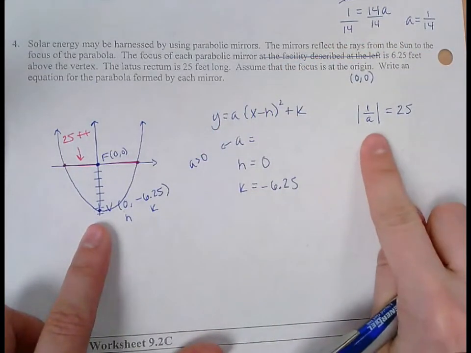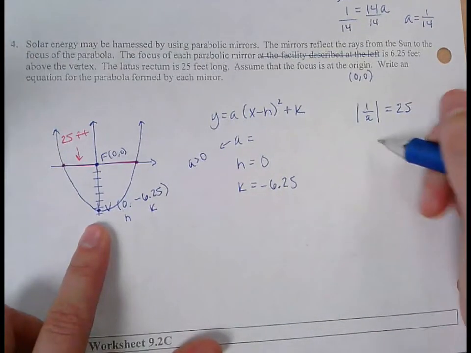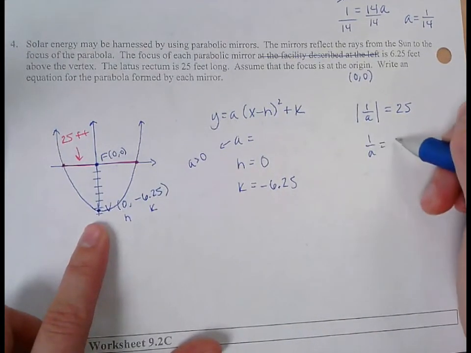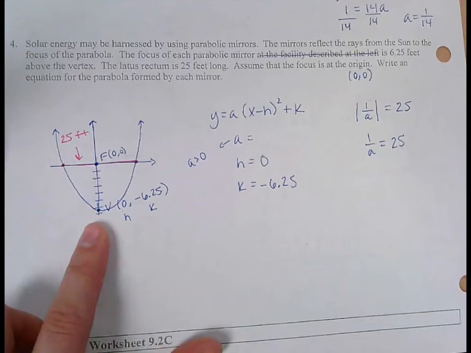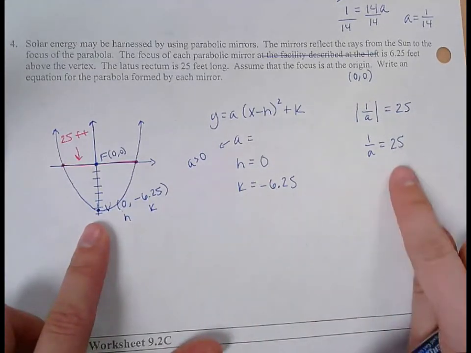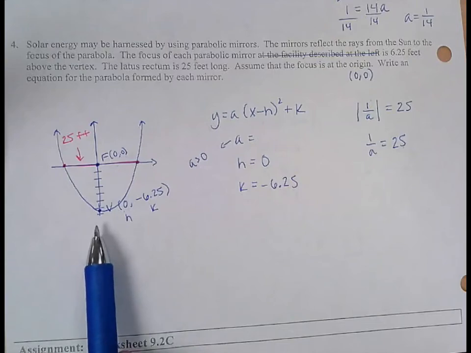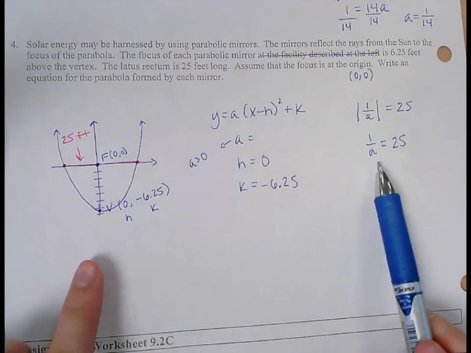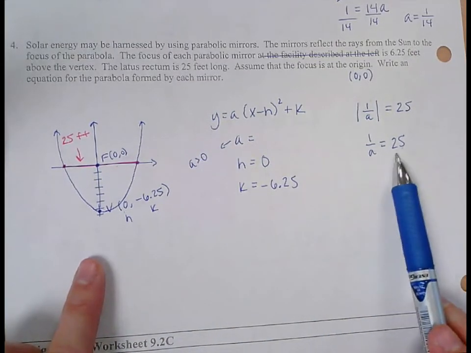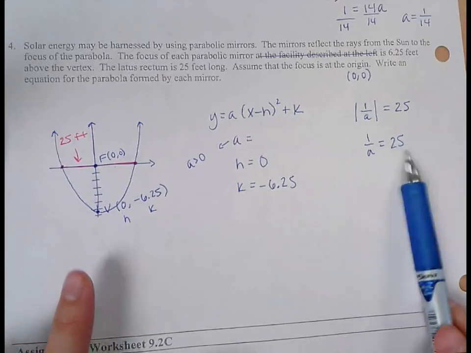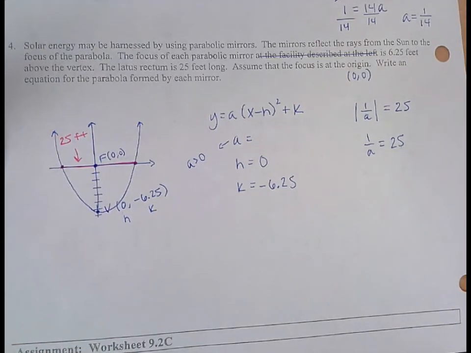That's how I can get rid of the absolute value bars, and I can say 1 over a must equal positive 25 because the a value is positive since it opens up. If this parabola was opening down, I would then have 1 over a equals negative 25. So you have to interpret with the absolute value whether your a should be positive or negative based on which way it's opening.